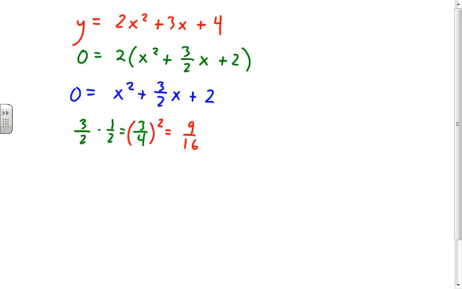This is a little tricky because of the fractions, but it's not any better with decimals. So 0 equals x squared plus 3 halves x. We want to have 9/16. Right now we have 2, which is, of course, 32/16. So what we actually need to do here is subtract 23/16 from 32/16.